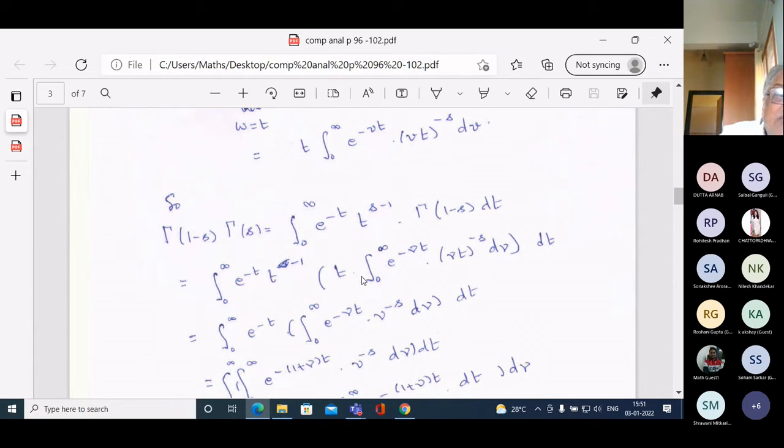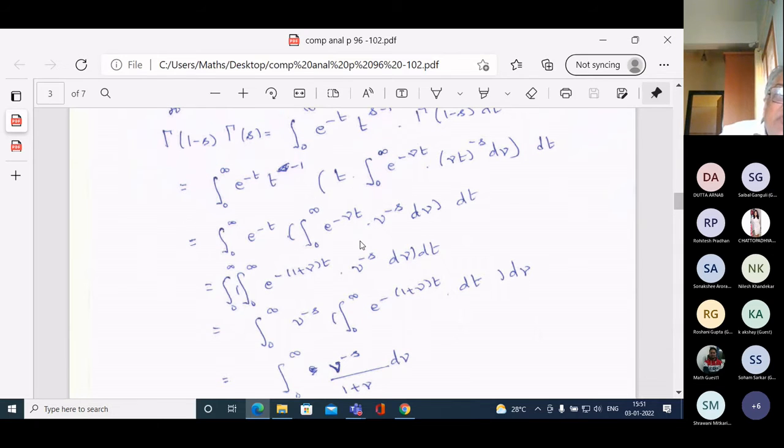Now you change variables, calling v t equal to nu or whatever it is. This is t to the s. So there's a t to the s here and there's a t to the minus s here, which cancel. So you get e to the minus t, nu to the s, d nu, dt.